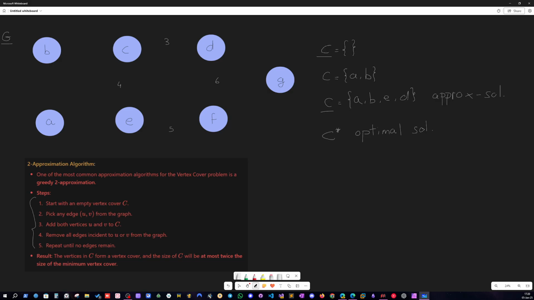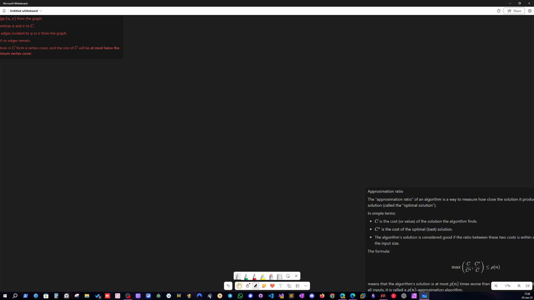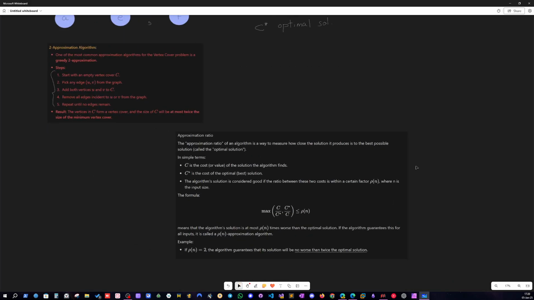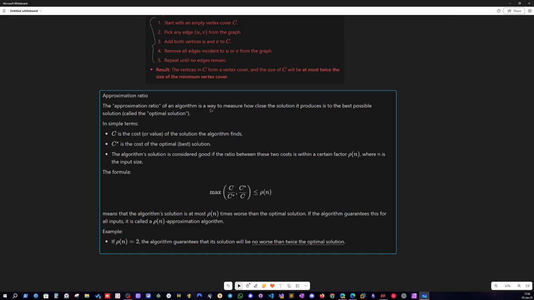Now let's talk a little bit about the approximation ratio. Well, the approximation ratio of an algorithm is a way to measure how close the solution it produces is to the best possible solution, called the optimal solution. In simple terms, in this max ratio less than or equal to rho of n, C is the cost or value of the solution that the algorithm finds, in this case the 2-approx algorithm.